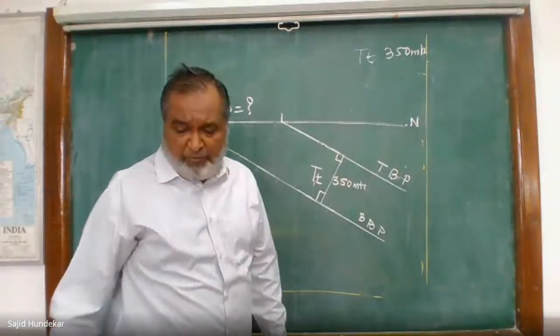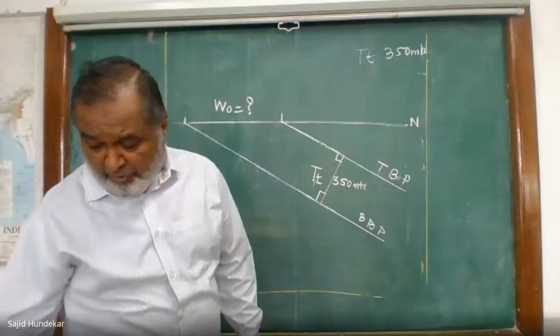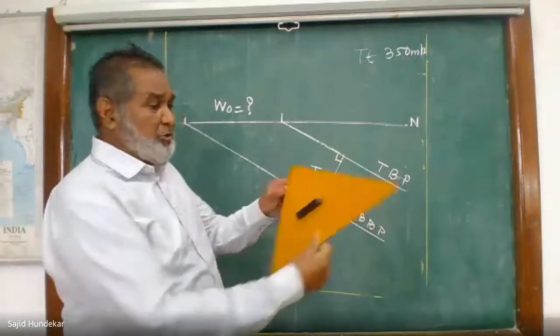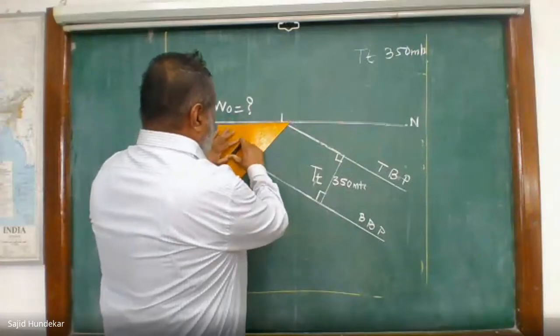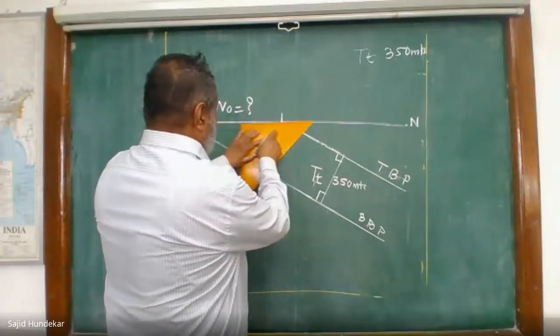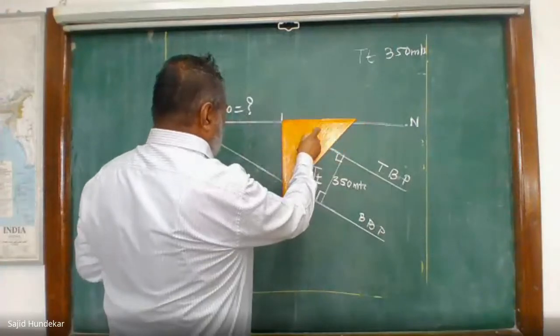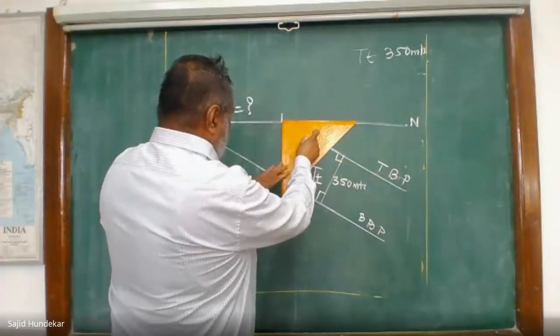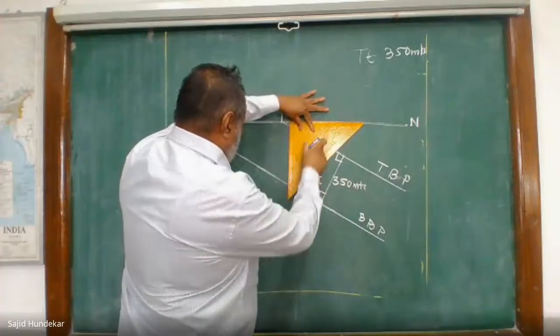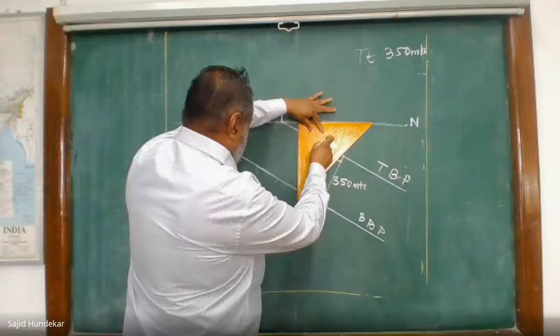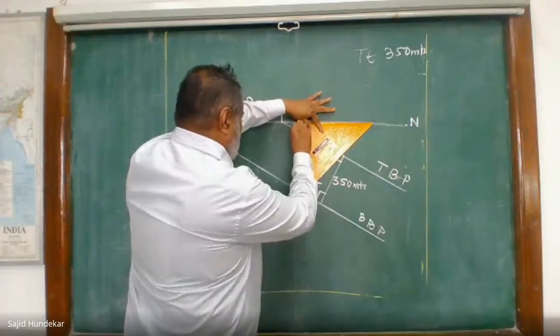Next, you have to find out the vertical thickness. So you have to take a perpendicular. Keep one arm of the protractor and come closer to this point, between the top bedding plane and the bottom bedding plane. Now I'll do it.